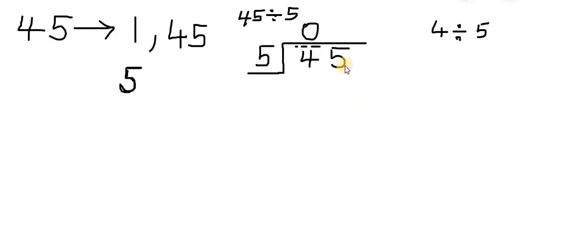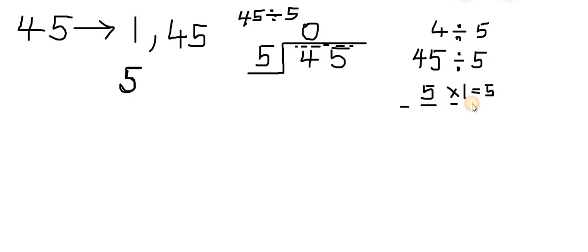Put 0 here, and so we move to the 2 numbers. 45 divided by 5. Now if we create the 5 times table, that's 5 times 1 is 5. Okay, keep going. Times 2, times 3, times 4, times 5, times 6, times 7. And when you get to times 9, you have 5 times 9 is 45. Okay, exact match for answer.